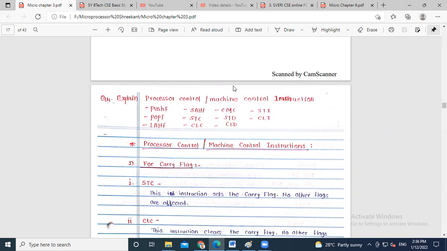In this, we are going to study PUSHF, POPF. PUSHF means push flag, POPF pop flag, LAHF, SAHF, STC, CLC, CMC, STD, CLD, STI, CLI. These are processor control instructions. 3 plus 3, 6 plus 3, 9 plus 2, 11 instructions come in the processor control or machine control instructions.